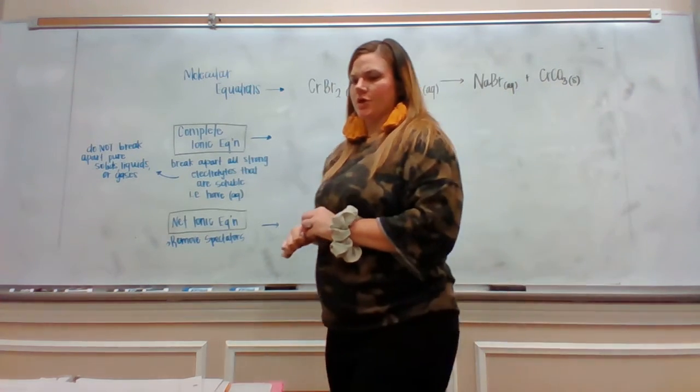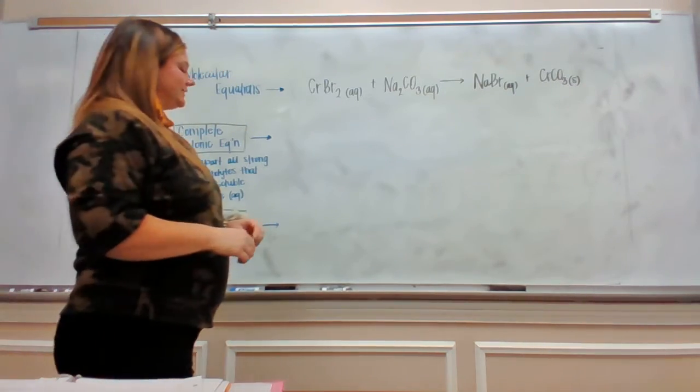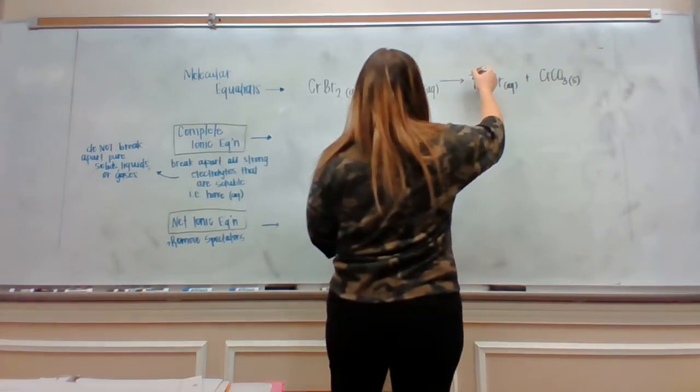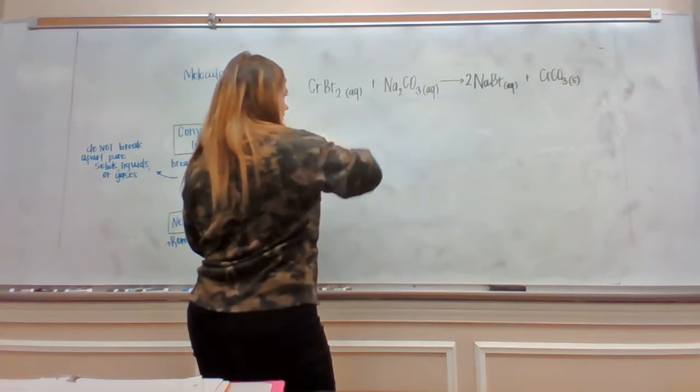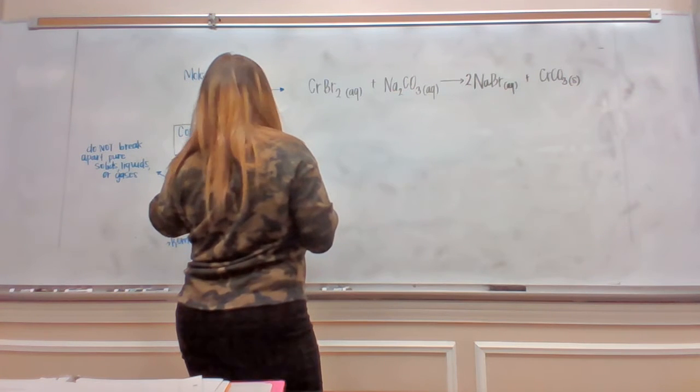You'll get that for your products. And it needs to be balanced. You just need a 2 in front of the NaBr. Then we can start our complete ionic.